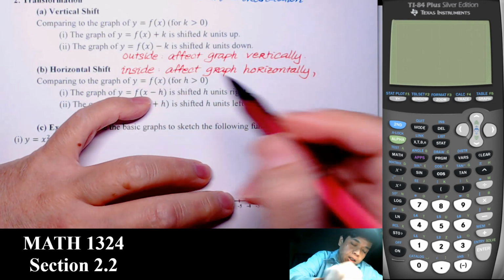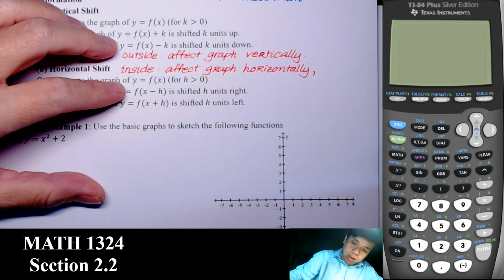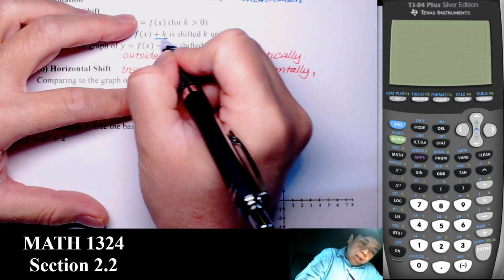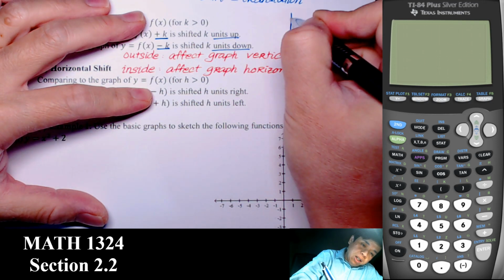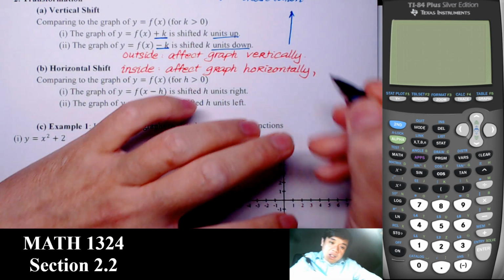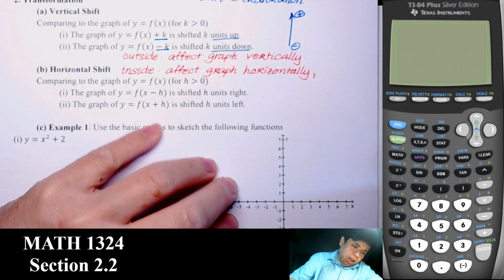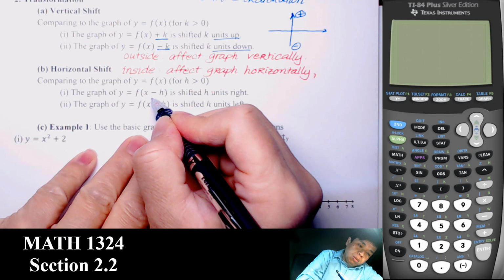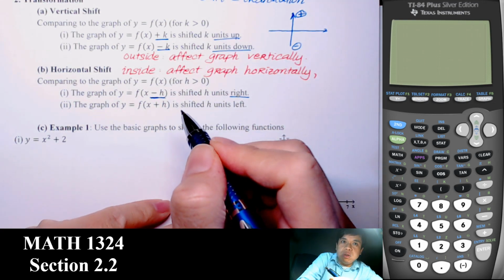Notice that for the outside, if it is plus, it will go up, and if it's minus, it will go down. That makes sense, as on the y-axis positive is up and negative is down. Now, the inside affects the graph horizontally. If it is minus, it goes to the right. So this is kind of backward, right?